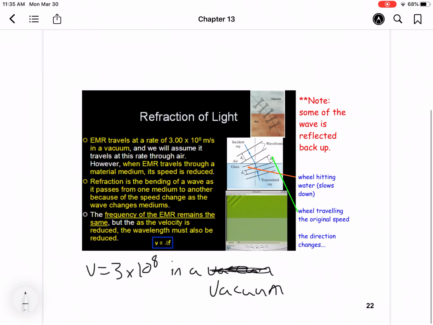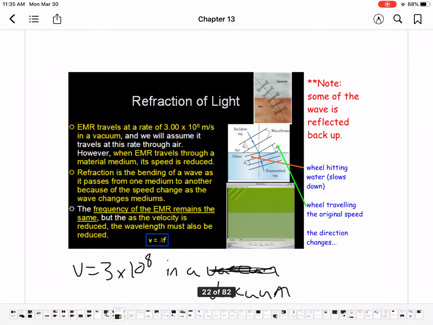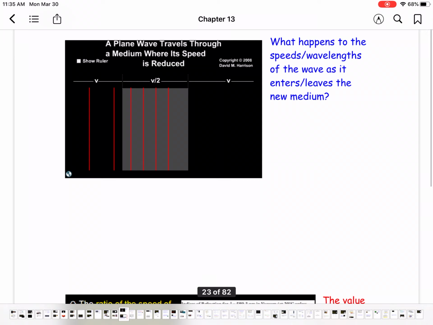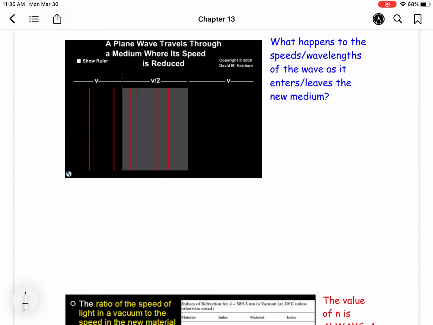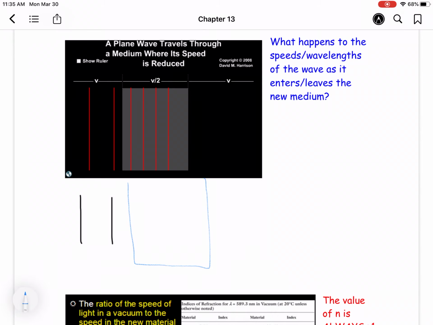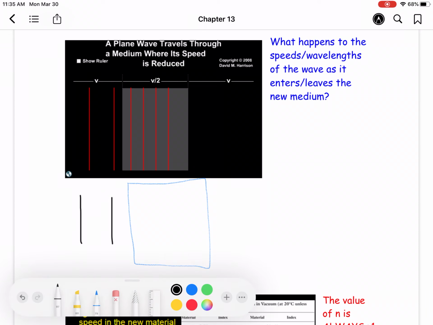Okay, so we have to deal with how does this work, right? So how does this work and how can we use this to help us out? What this shows basically is that the light's going to come in pretty far apart. But when it enters this more dense medium, it's going to slow the first one down, and then the second one has a chance to catch up.